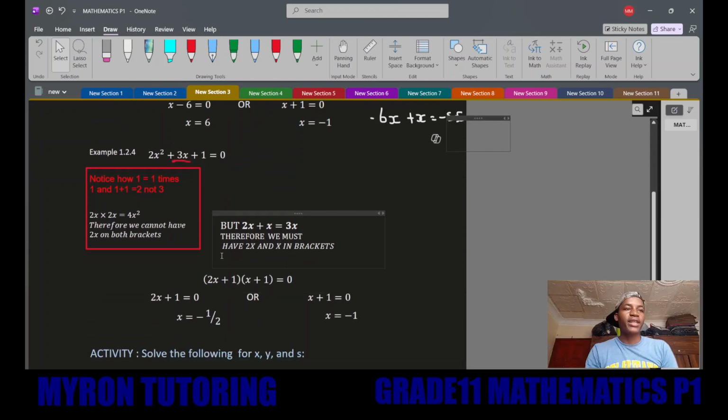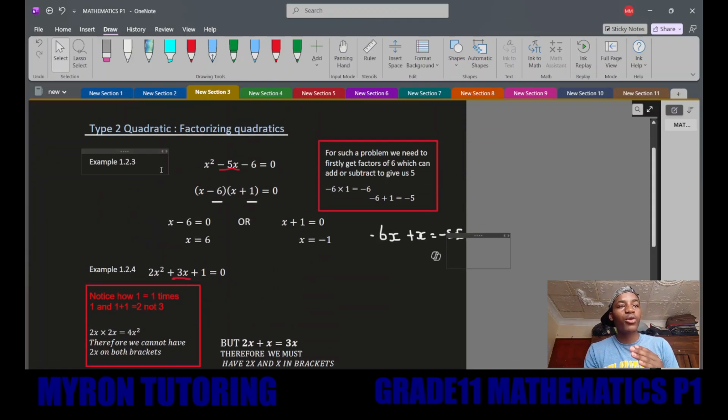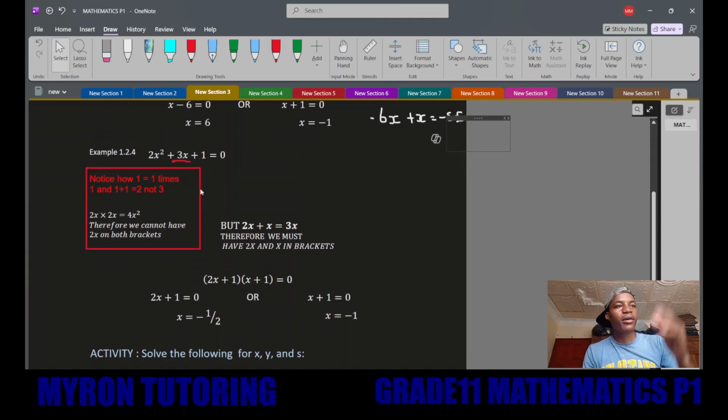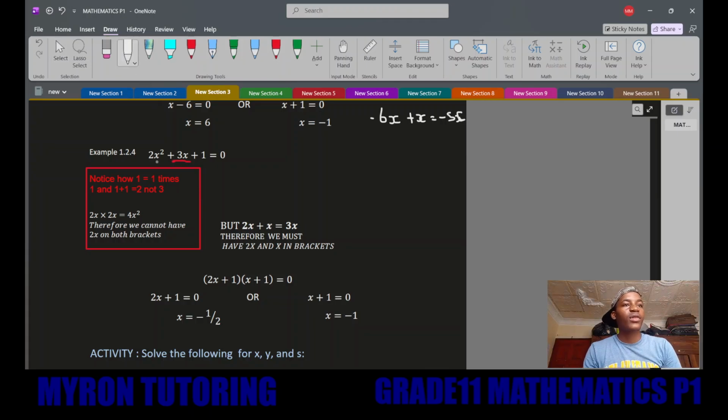Then another example, where our a is not 1 anymore. We've been having a scenario where x squared has an a which equals 1. But now what happens when a is greater than 1? Now a here is 2. It's per choice.